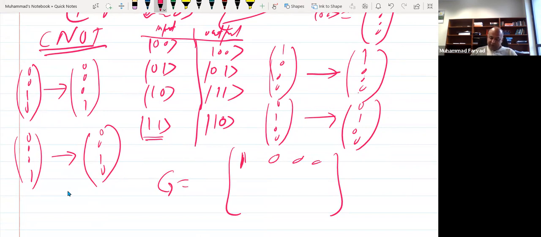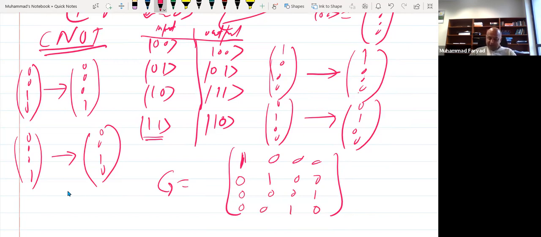And when it acts on 0, 1, 0, 0, it should still give this thing. So there should be a 0, 1, 0, 0 here. But when it works on 0, 0, 1, 0, it should give me a 0, 0, 0, 1. So there should be a 1 here. And when it acts on 0, 0, 0, 1, it should give me 0, 0, 1, 0. So there should be a 1 here.